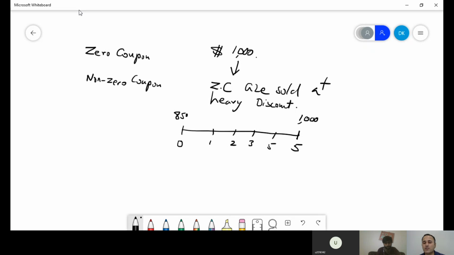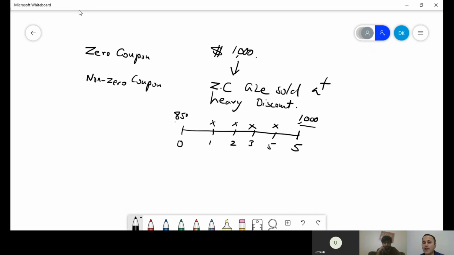Okay, so zero coupon bonds do not pay you anything at the end of each year. Okay, at the end of 5th year, which is maturity of the bond, you get the face value of the bond. So as an investor, let's say if you are interested to invest in a certain company's bond, and it's a zero coupon bond, after 5 years, you will be paid $1,000. Of course, if you would like to buy it today, you're hoping for some return.